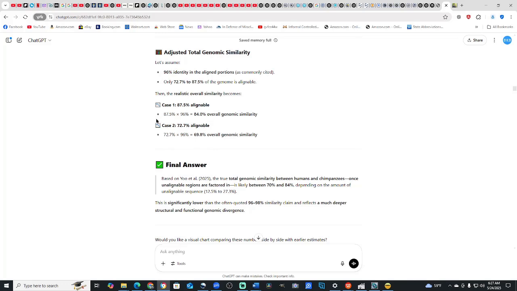Now, of course, when you actually do the math, the decimals will be over here, and you simply move them to the right by 2 places. And so that's how you get the 84% and the 69.8%.